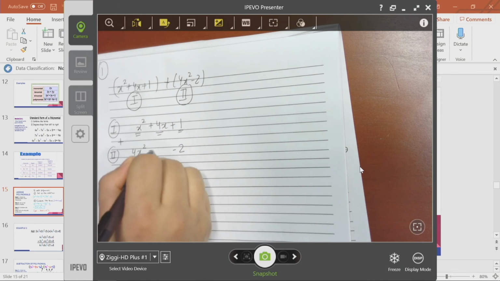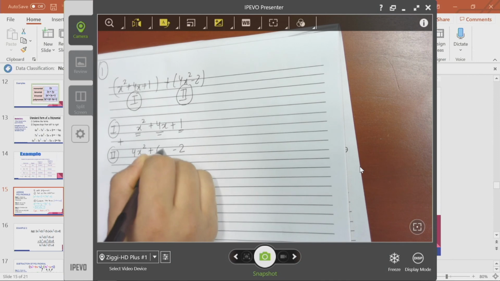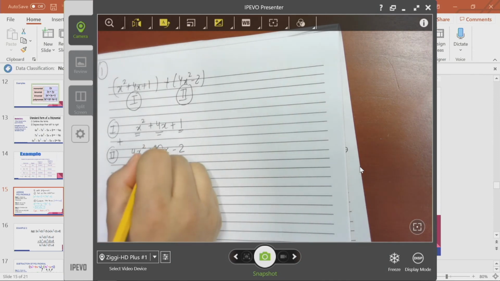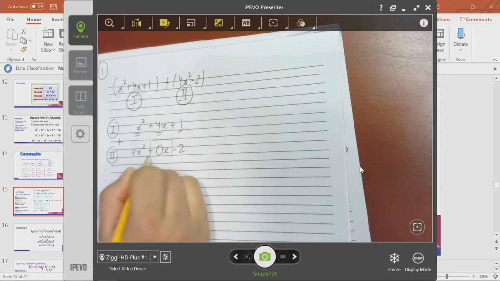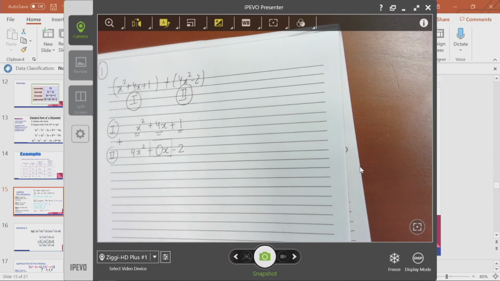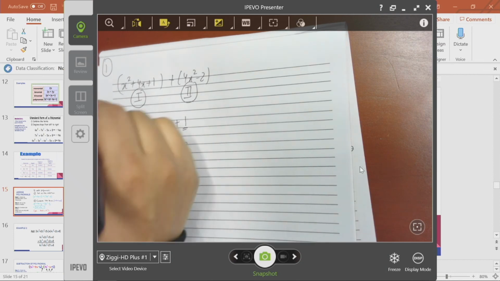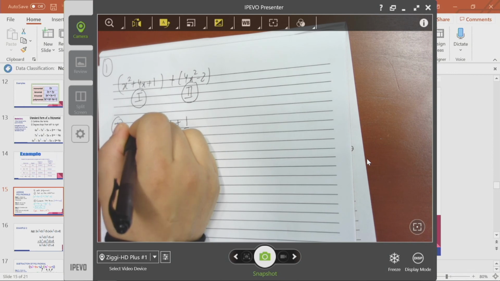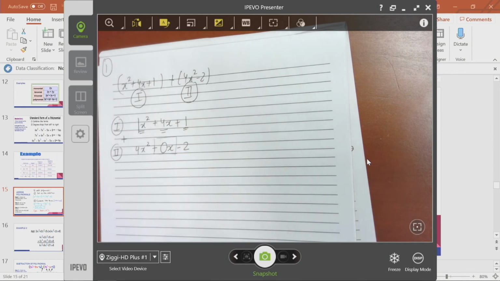So I can put a placeholder as 0x. It won't harm our expression. It will just act like a placeholder. Now, if no coefficient is given in front of any variable, it is 1 by default.